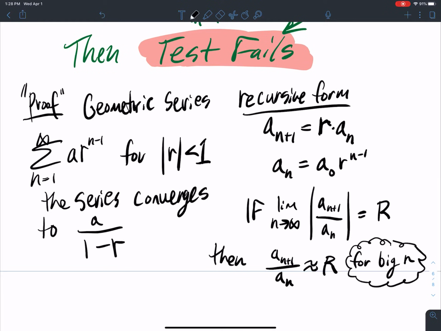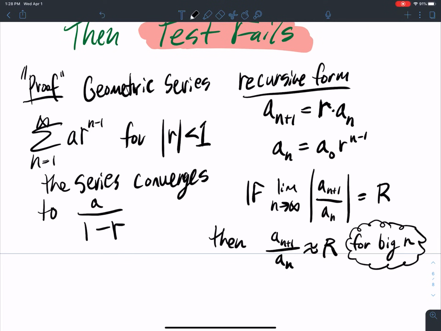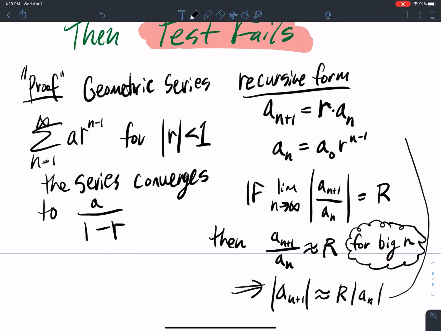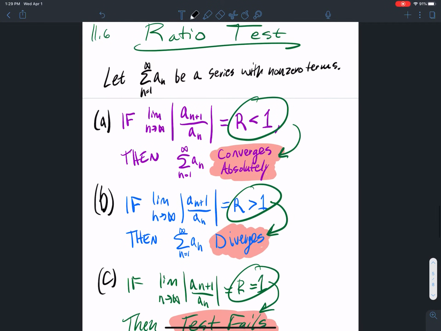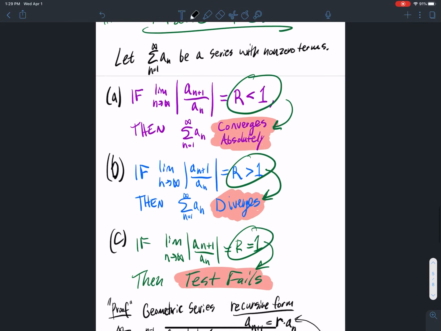So as n goes to infinity, this thing's roughly going here. Now, what does that mean? That implies that the absolute value of a n plus 1 is roughly r times the absolute value of a n, which just so happens to be our recursive form that we found right there. Okay? So that's kind of an idea of where the ratio test comes from. It's built off the foundations of geometric series.